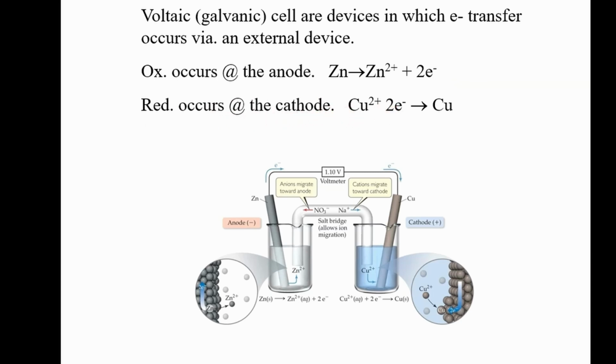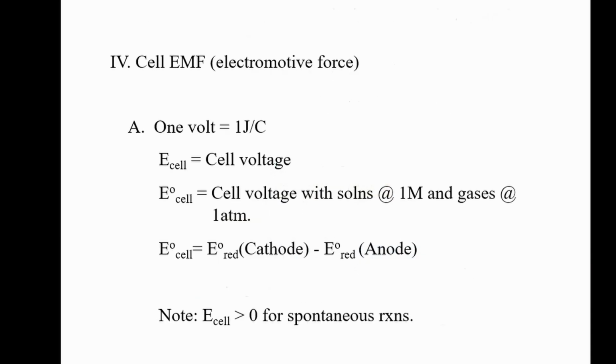Well, this discussion wouldn't be complete without some thermodynamics, my favorite subject. So cell EMF stands for electromotive force. 1 volt is a joule per coulomb. And we use E for electromotive force, so E cell is a cell voltage. And if we put this little knot symbol, we call that a standard cell potential. A voltage is a potential, kind of like a pressure.